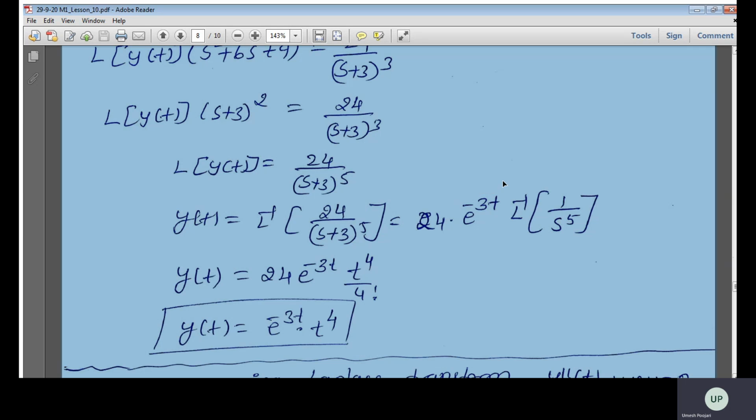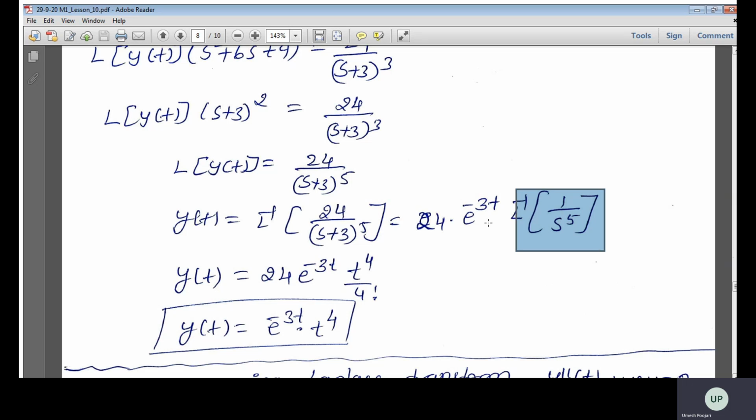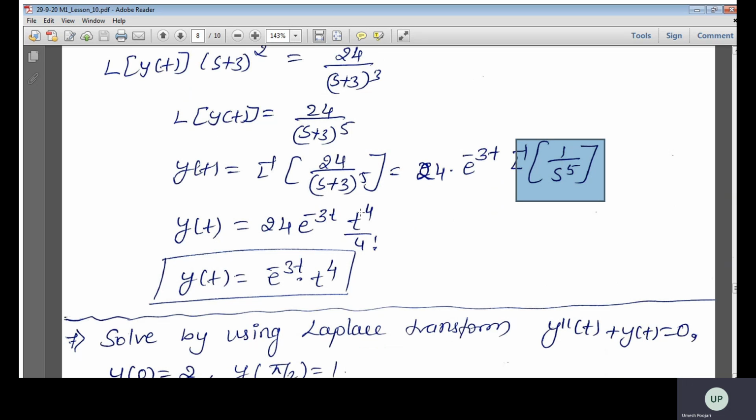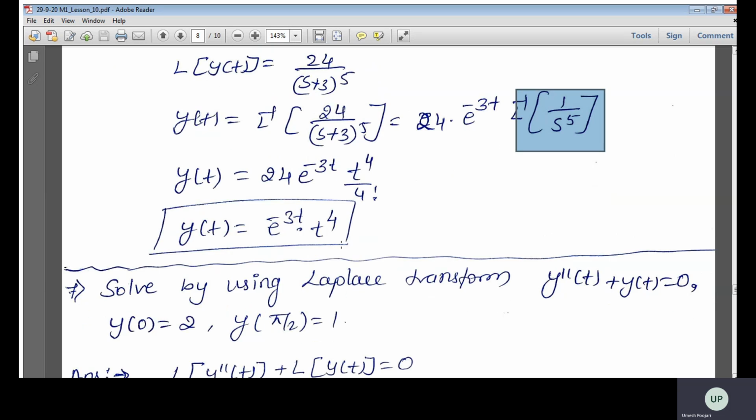L inverse of 1 by s raised to 5 is nothing but t raised to n minus 1 divided by n minus 1 factorial, because 5 is a positive integer. After simplification we get, because 4 factorial is 24, the remaining term is e raised to minus 3t into t raised to 4, which is the required answer for y of t. See, here we are not using partial fractions because it is simple. We can use the direct method, that is completing the square and using the shifting property inversely.